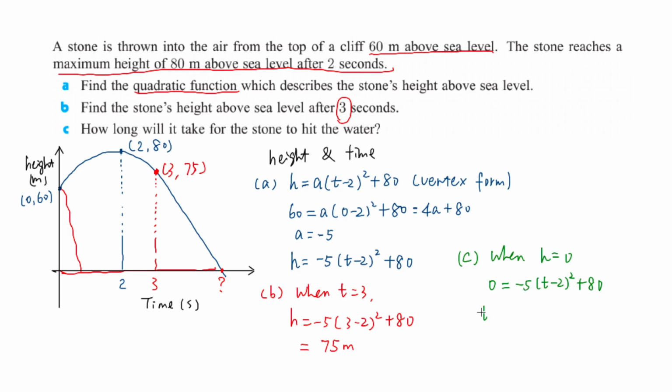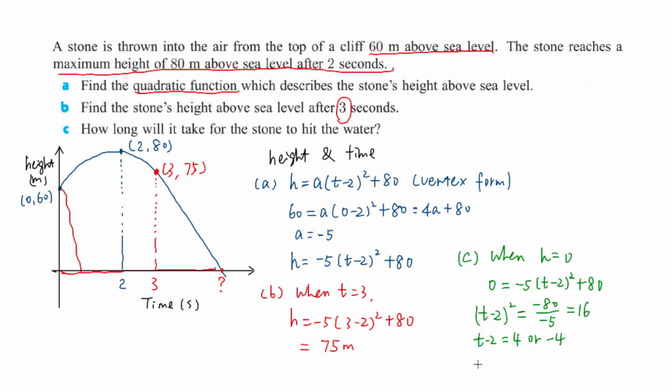So finally (t minus 2) squared equals negative 80 divided by negative 5, so equals 16. And then t minus 2 can be a positive number and it can also be a negative number. So the positive number is 4 and the negative number is negative 4.